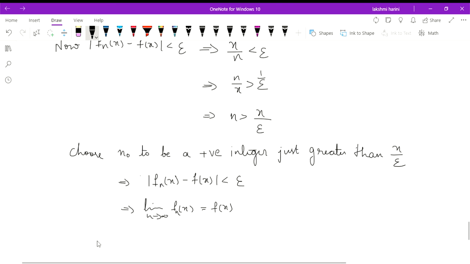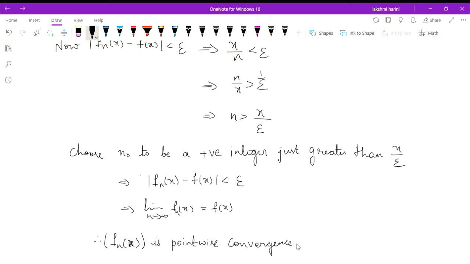Therefore, we write the sequence fn of x is pointwise convergent.